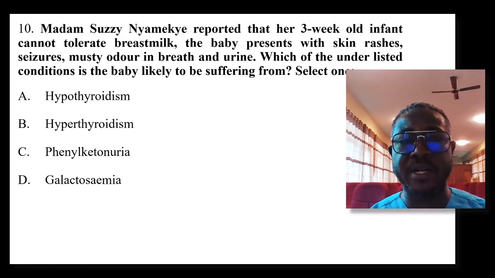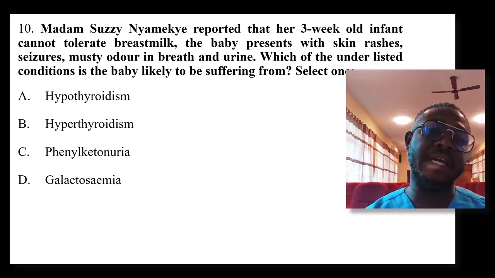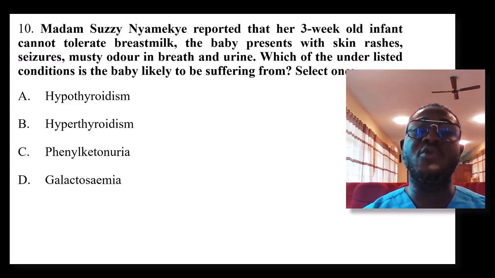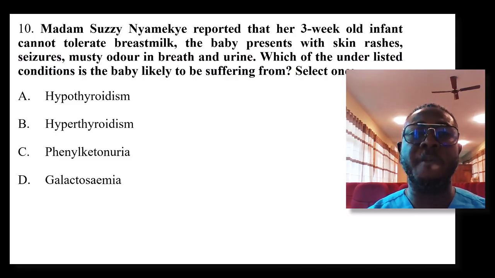A. Hypothyroidism. B. Hyperthyroidism. C. Phenylketonuria. And D. Galactosemia. So what do you think is the correct answer? Yes, a 3-week-old baby presented with skin rashes, musty odor when breathing and in urine, and also having seizures.